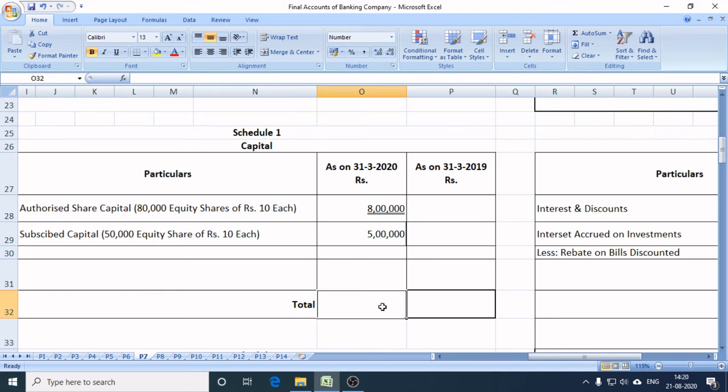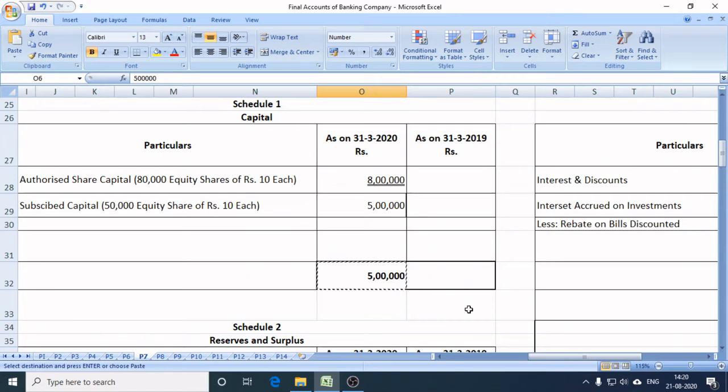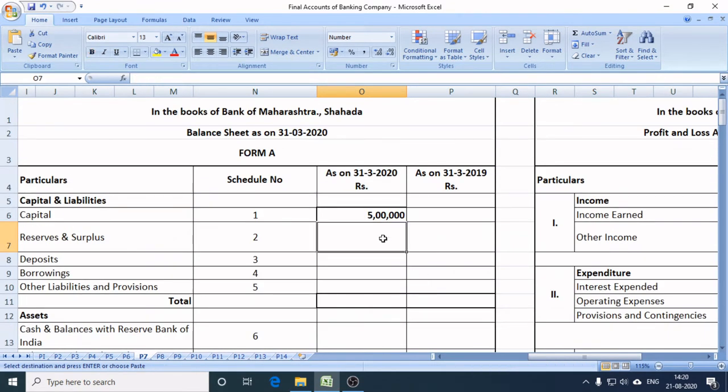Now let's close one by one all the schedules of balance sheet. The first is schedule number 1, capital, and balance is now 5 lakh of capital. So rupees 5 lakh here. Now the next is surplus, 3,15,120.